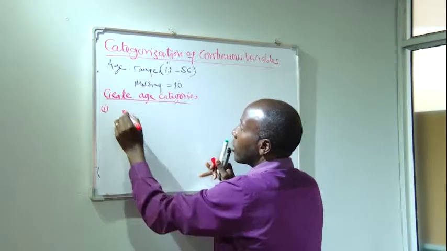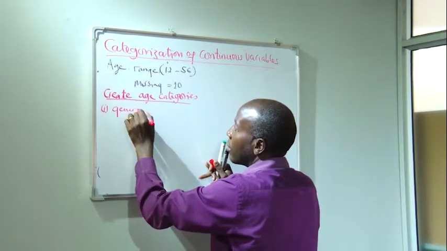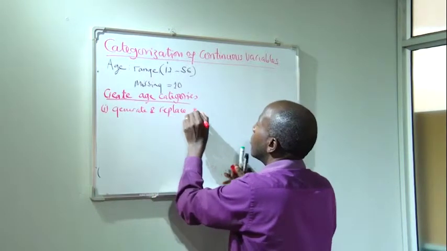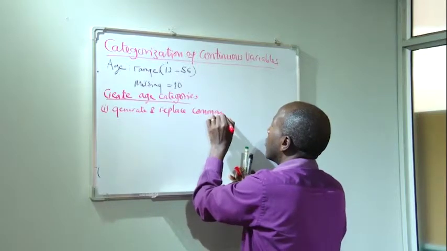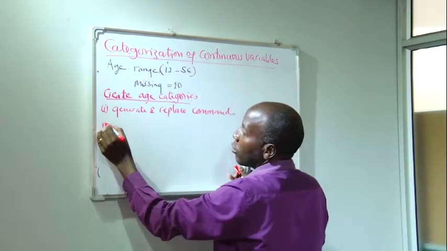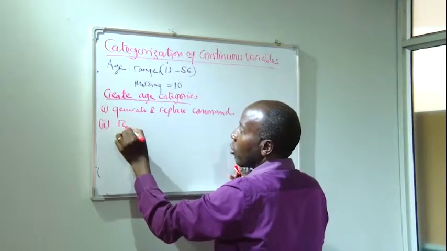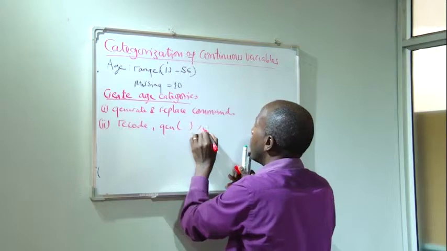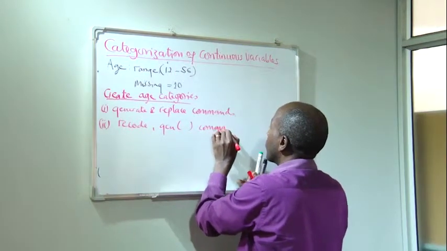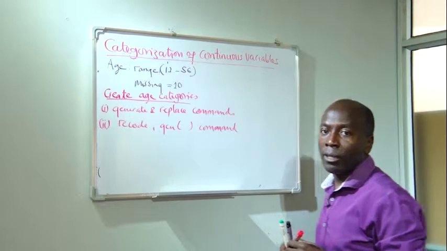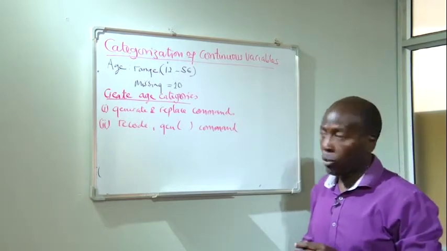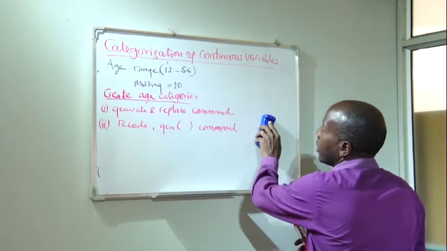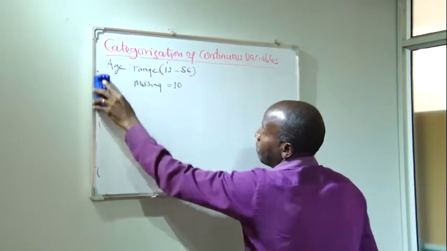One, we can use the generate and replace commands. Or two, we can use the recode command with generate. Either way, it gets us to what we want to achieve. So let's start with the generate and replace commands.